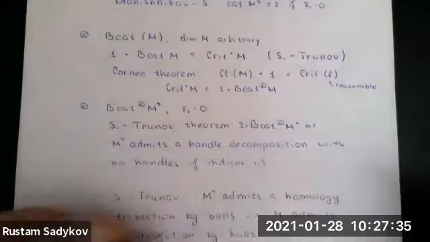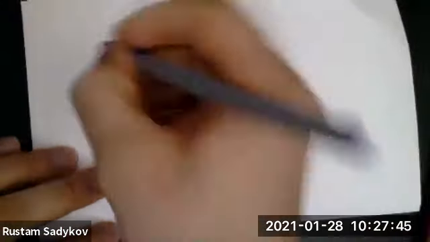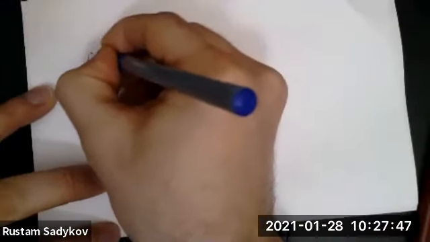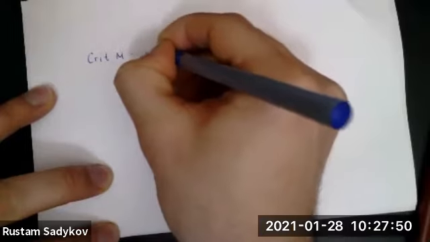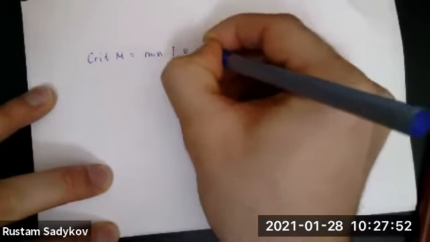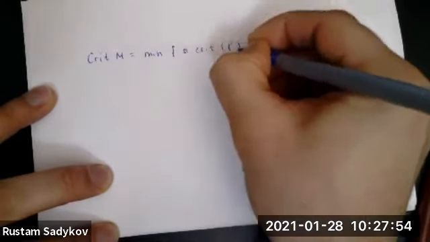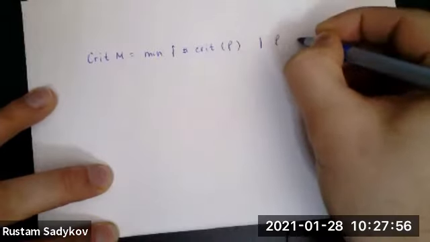So crit M is something more standard, so to say. So let me just write it. Crit M is the minimal number of critical points of a function F, just an arbitrary function.